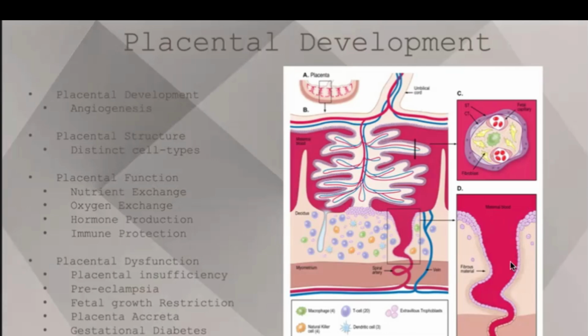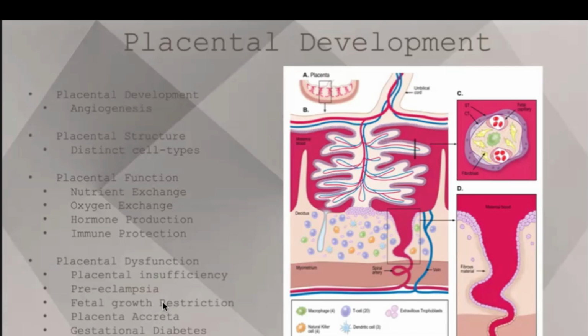Here, this is a maternal blood vessel, and you can see it's highly dilated, and it allows the maternal blood to bathe the villi. But in preeclampsia, you'll see that this maternal blood vessel is constricted, and so the flow within the villous space is very fast. And so this can damage the syncytium.